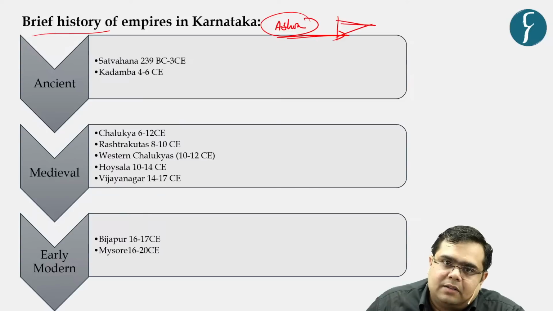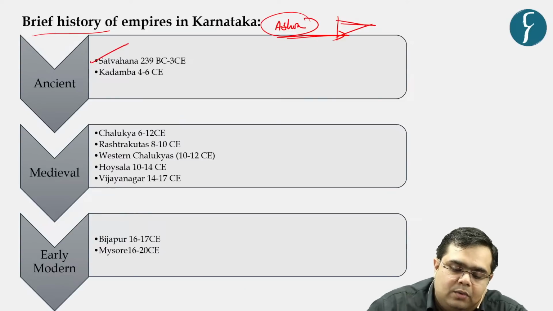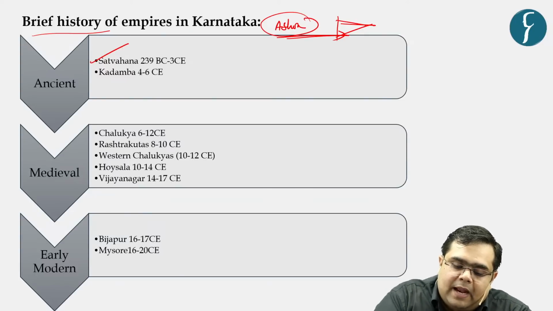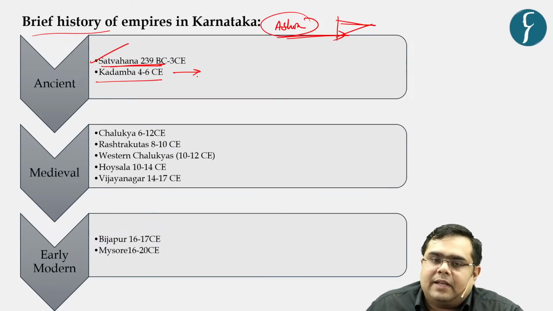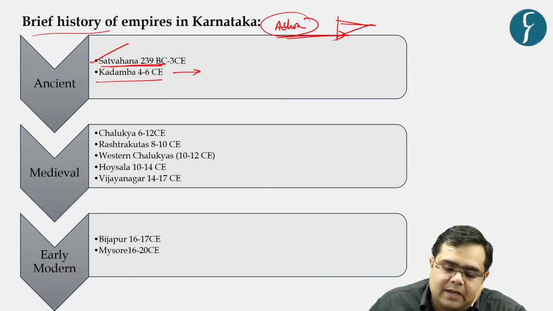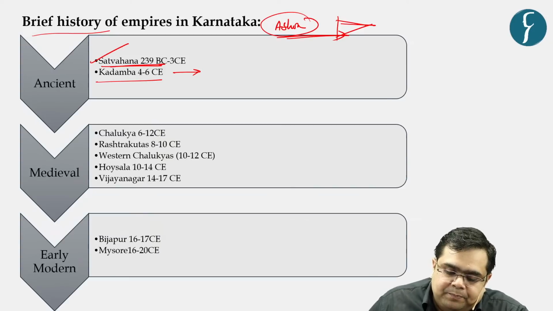And after the fall, this area fell into the hands of Satvahana. And after the rule of Satvahana, the first indigenous dynasty that ruled over the areas of present day Karnataka is known as Kadamba dynasty, right?